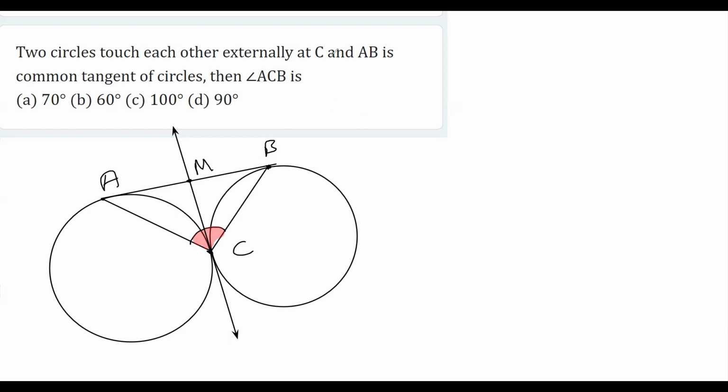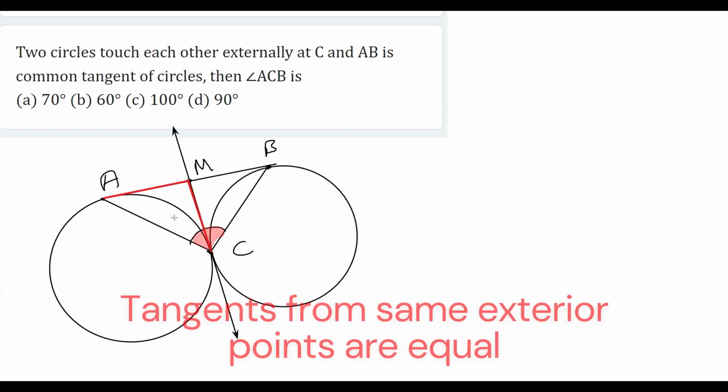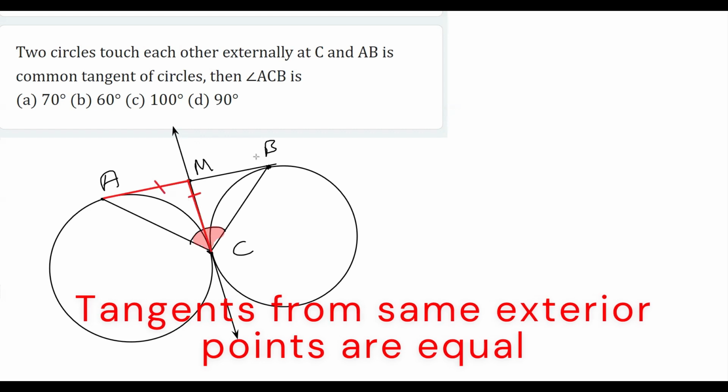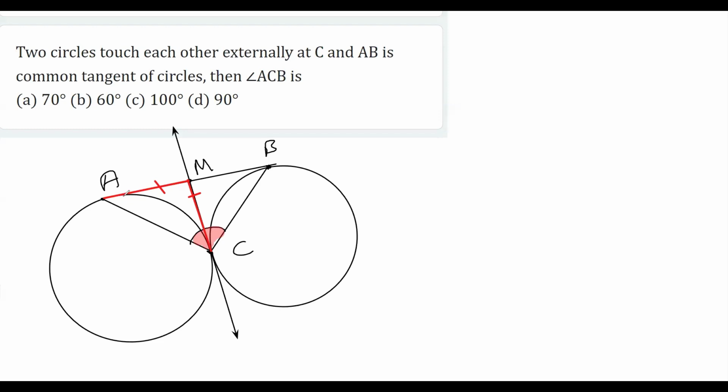Now we are going to use the property of tangents from the same exterior point. From tangents from the same exterior point, I can say that this line AM should be equal to CM. And if these two sides are equal, consider this triangle. The triangle here is this one, shading it with green.